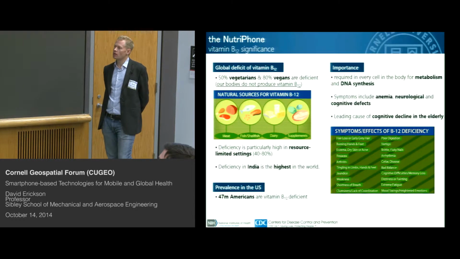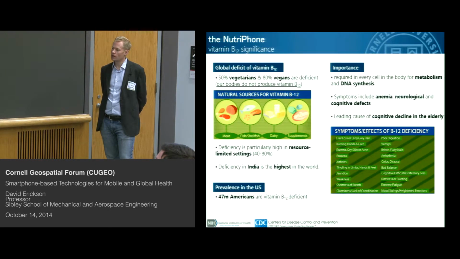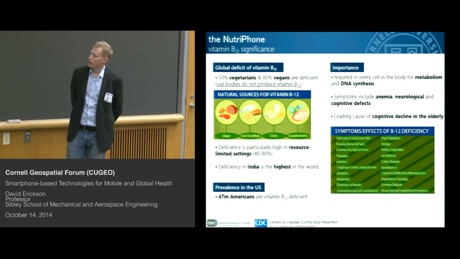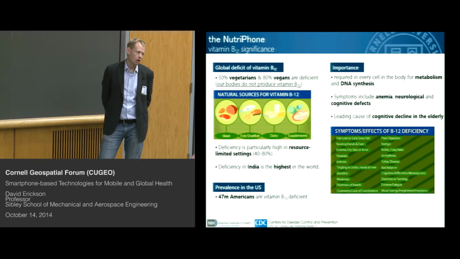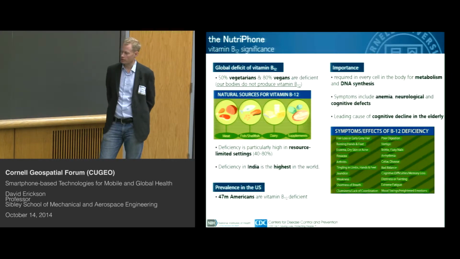And then, just to make a plug for where we're moving now, we've shifted gears to vitamin B12 testing and developing a test for that. Again, there's a lot of Americans, but there are also significant pathologies that can result from chronic vitamin B12 deficiency. Our plan, in terms of something that may be of interest to this crowd, is to start larger scale testing of these devices in India with Saurabh here again.